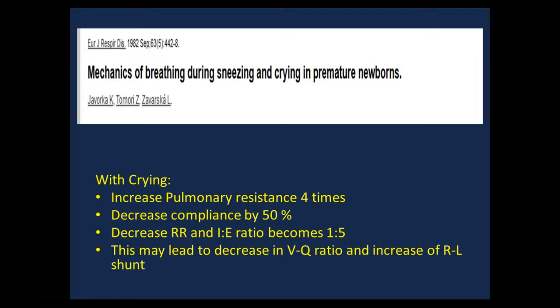Compliance might be reduced by 50%, and the inspiratory-expiratory ratio might become 1 to 5. So you have a significant increase in expiration, which might reduce the functional residual capacity significantly. This may lead to a decrease in the ventilation perfusion ratio and an increase in right to left shunt through the lung.